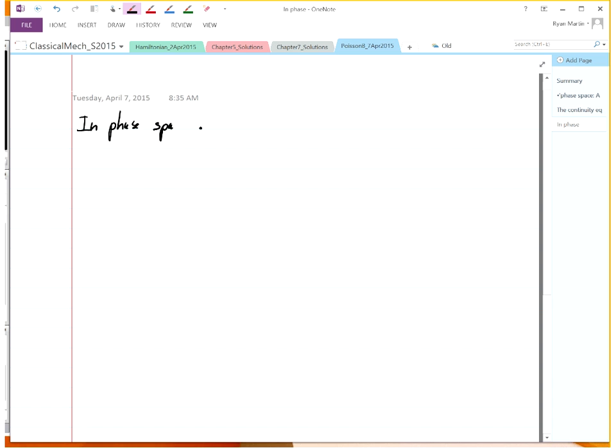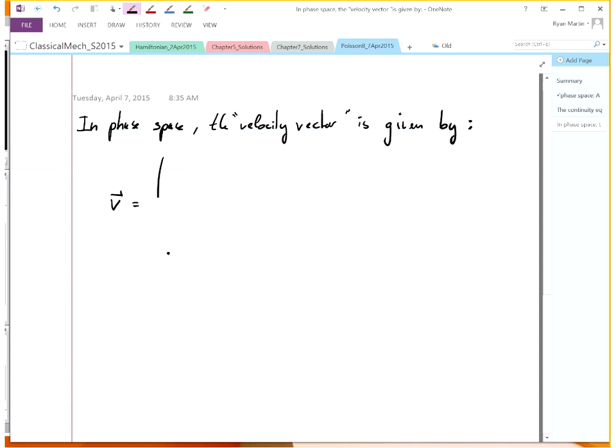So in phase space now, the velocity vector is given by, I'll say, the velocity vector v. I'm going to sort my coordinates so that I list all the q's and then all the p's.